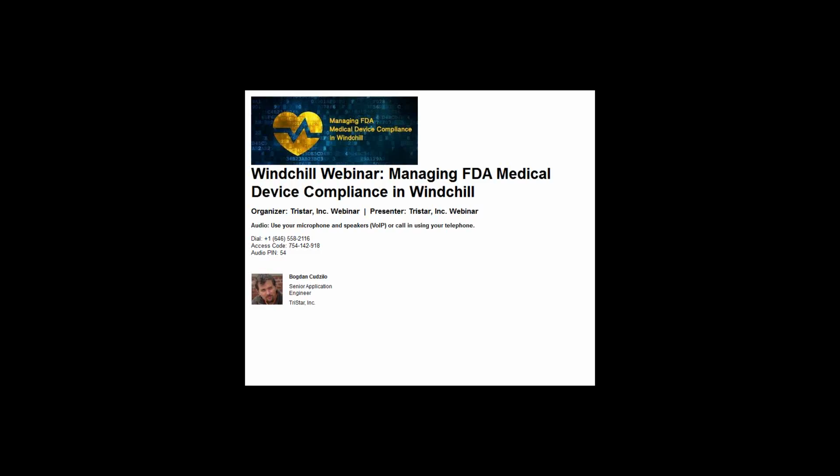And this is for companies who are using Windchill but need to manage that specific type of compliance. So what are some of the challenges that we run into with some of our customers trying to manage all of this information around the product and the development of the product?